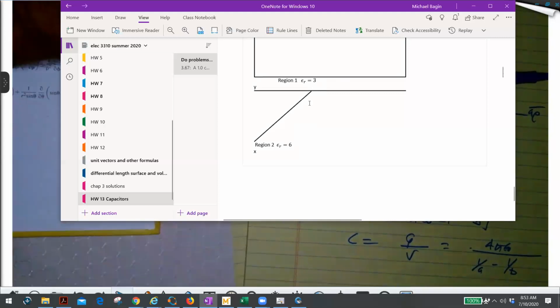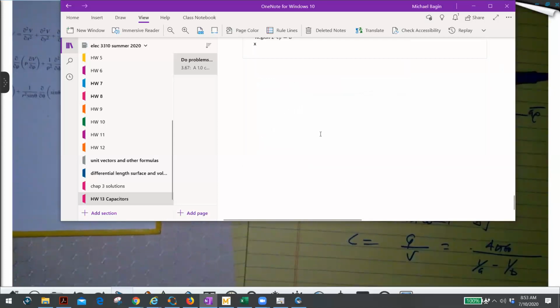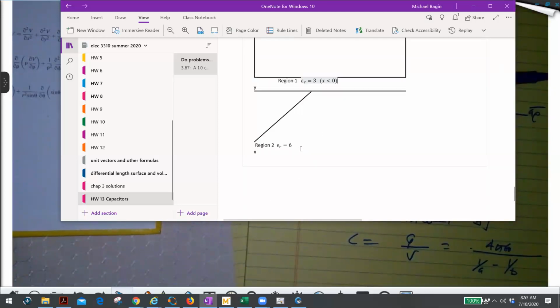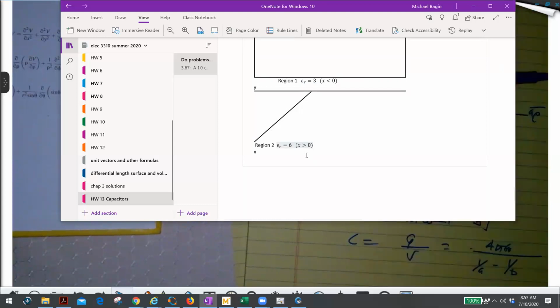I can write it down. This is region 1 for X less than 0. And then down here, it didn't show up very well. This would be for X greater than 0. Forget the value of 0 itself.